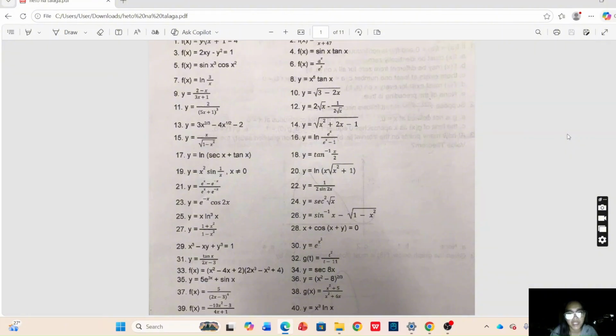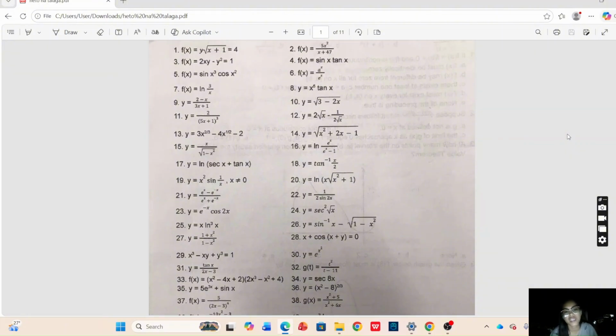So in this part one, we will use different rules of differentiation, such as the power rule, the product rule, the quotient rule, the chain rule, logarithmic differentiation, trigonometric differentiation, inverse trigonometric differentiation, exponential differentiation, and implicit differentiation.